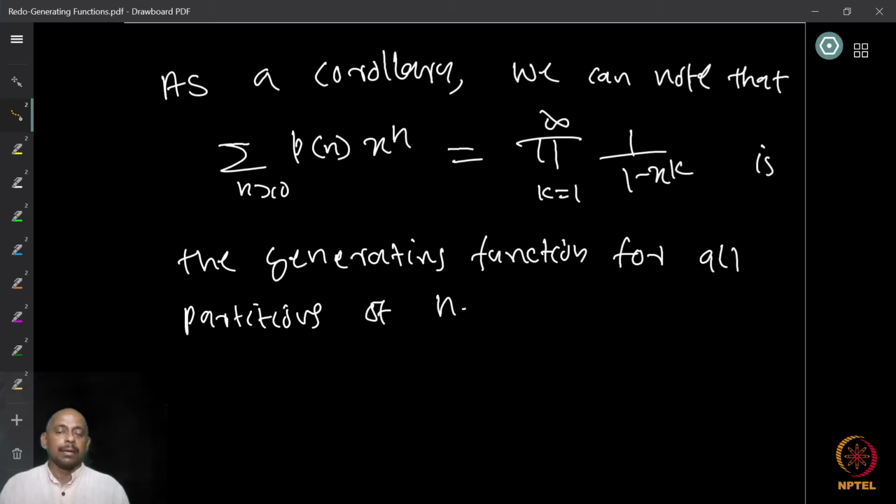But of course, once k exceeds n, it will not give you any coefficient of x raised to n, therefore we don't have to worry about that. So for every n we have this, and therefore I can define the summation over all n of Pn x raised to n as the product over k equal to 1 to infinity of 1 by 1 minus x raised to k. So this is a nice way to come up with the generative function for related things.